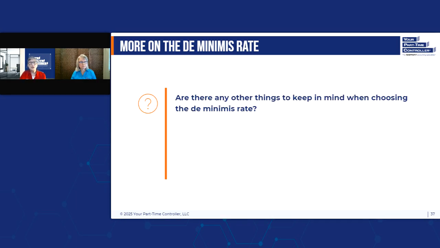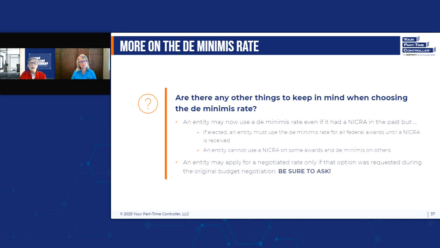What other things should we keep in mind when choosing de minimis? You may now use de minimis even if you had a NICRA in the past. That wasn't always the case. If you do elect to use de minimis, you must use that for all your federal awards until a NICRA is received. You can't use a NICRA on some awards and de minimis on others.